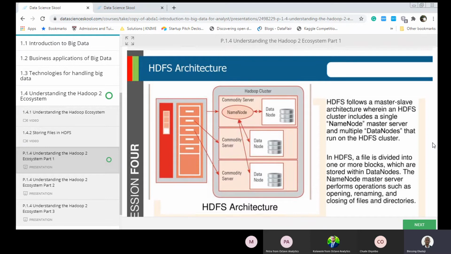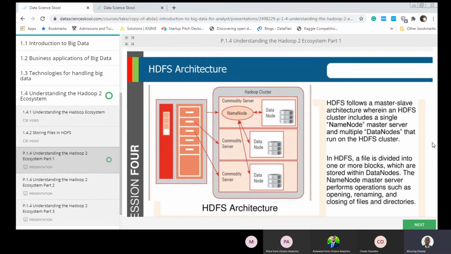HDFS has its own components, the things that it's made up of. One of those things is called the name node, and the other is called the data node. And the way it works is that HDFS works in a master-slave architecture.